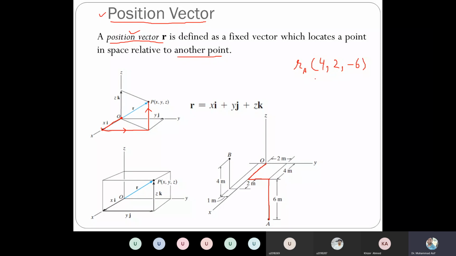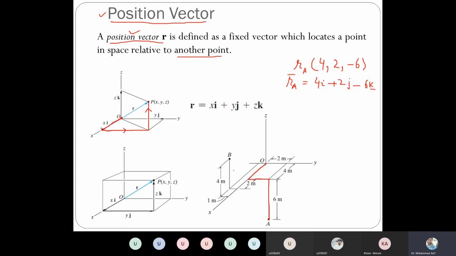The above position vector can be written as 4i plus 2j minus 6k. So that's the position vector we call RA, the position of point A with reference to the origin.